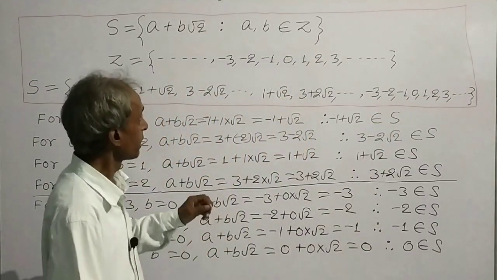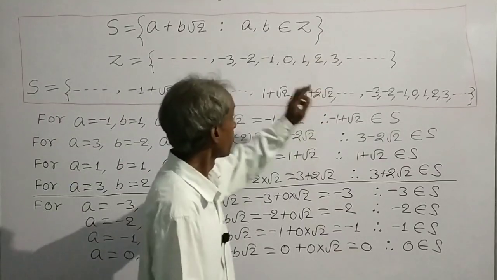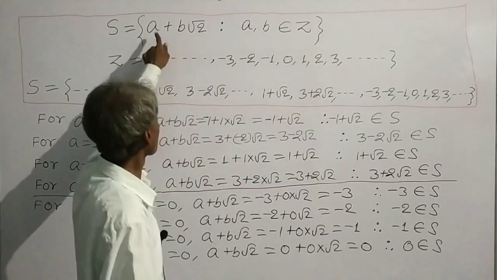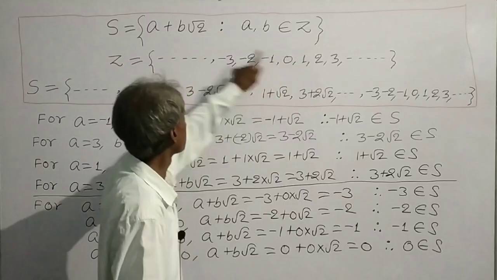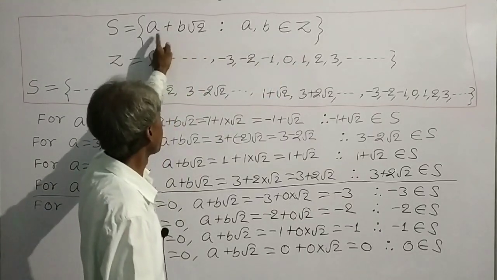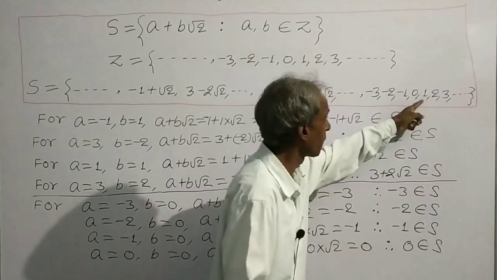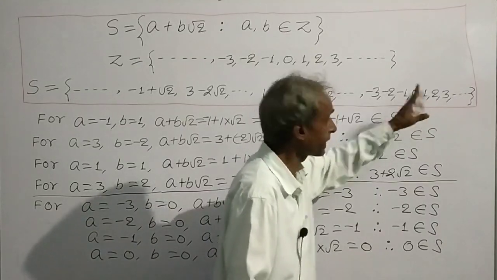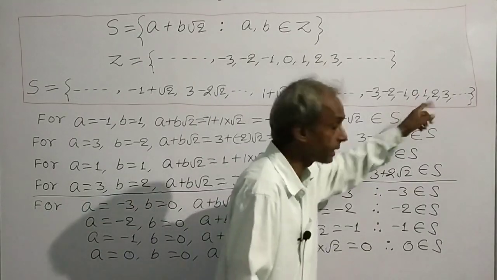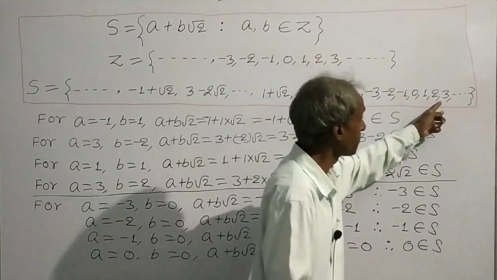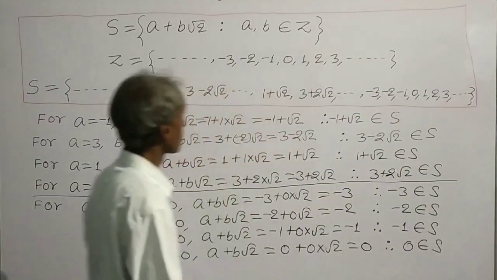And when we put 1 in place of a and 0 in place of b, we get a plus b root 2 is equal to 1. Therefore, 1 will also be present in this set. Similarly, 2 will also be present, 3 will also be present.